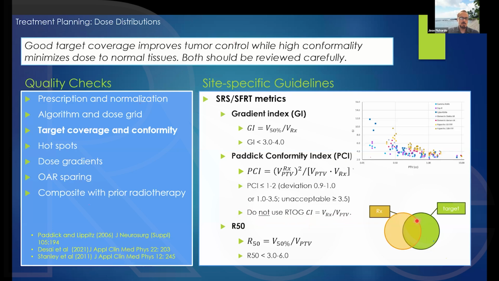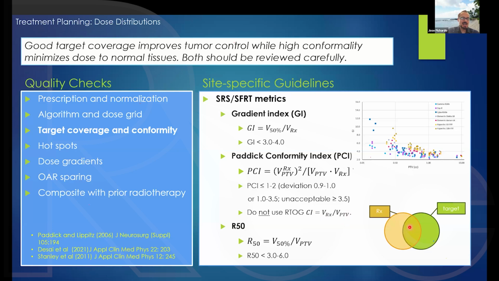Here's an example where I'm drawing a target and a prescription isodose that have exactly the same size. But notice that only half or less than half of the target is covered by the prescription. When I calculate the conformity index with this ratio, I'm going to get 1.